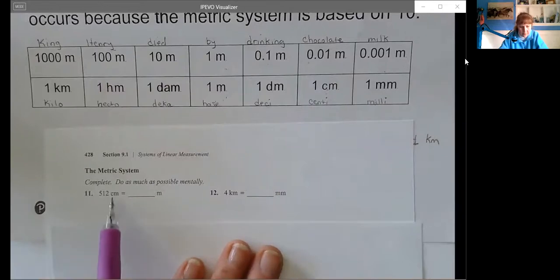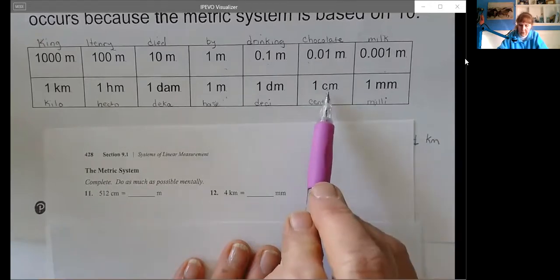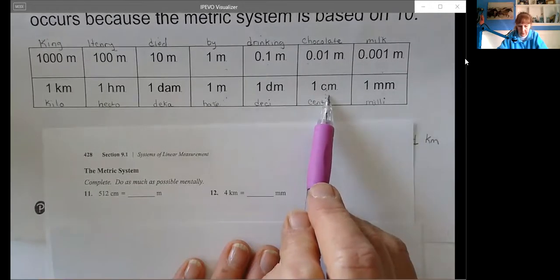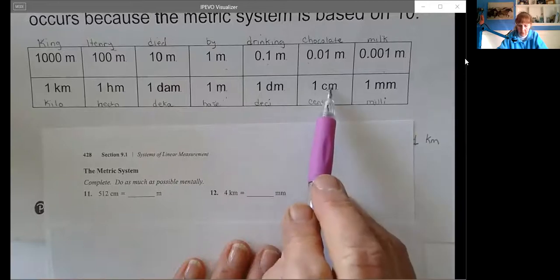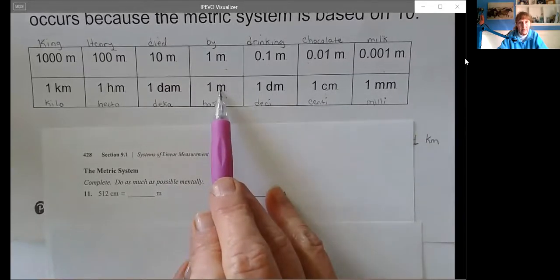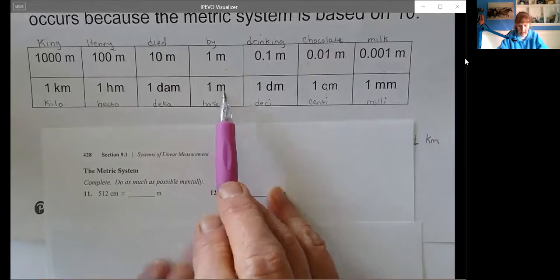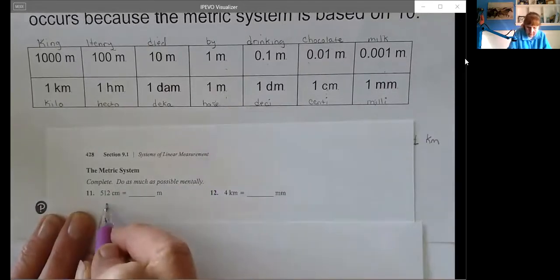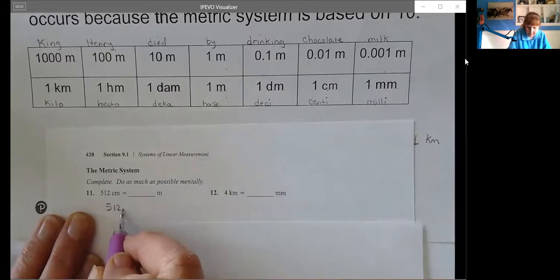All right, so let's go from 512 centimeters to meters. I'm going to go from a centimeter here to a meter. So going from the centimeter, I go 1, 2 to the left. So you start here, 5, 1, 2.